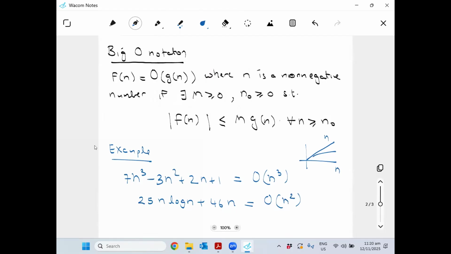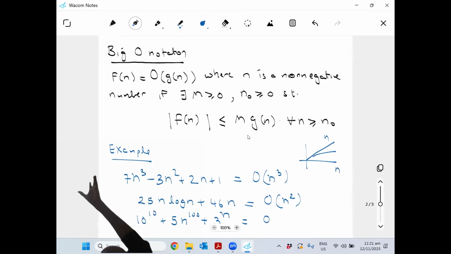Okay. But if I've got something which behaves like 10 to the power 10 plus 5 n to the power 100 plus 3 to the power n. As n grows, what will be the most important term here? 3 to the power n will be the most important term. Okay.